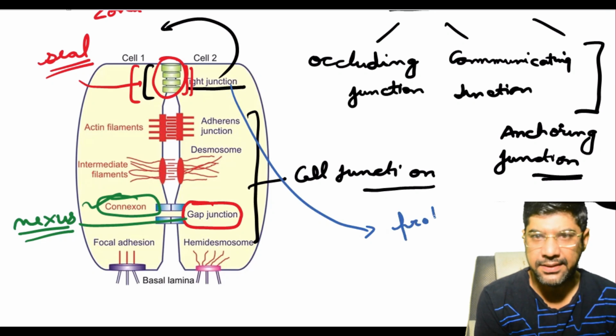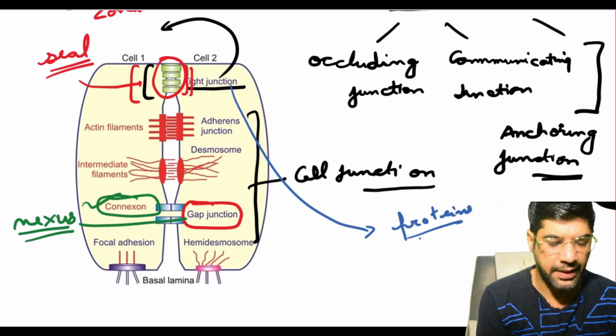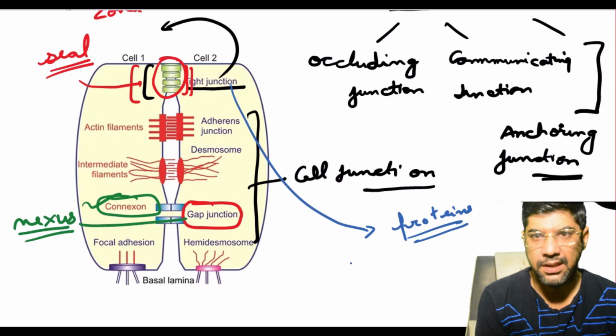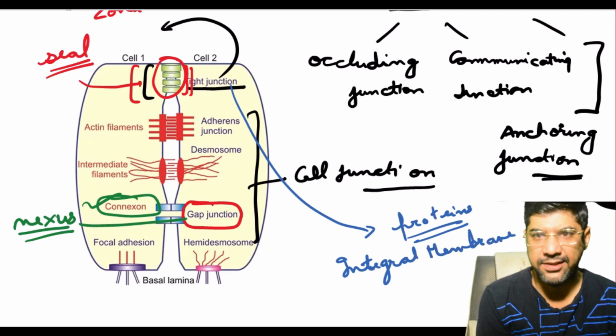Now, in the tight junctions, there are integral membrane proteins. What are those proteins? They are known as claudin and junctional adhesion molecule. These proteins hold themselves into strands of the ridge and attach to the neighboring cells to hold them together tightly.